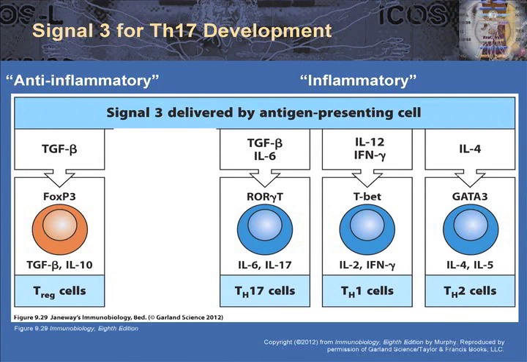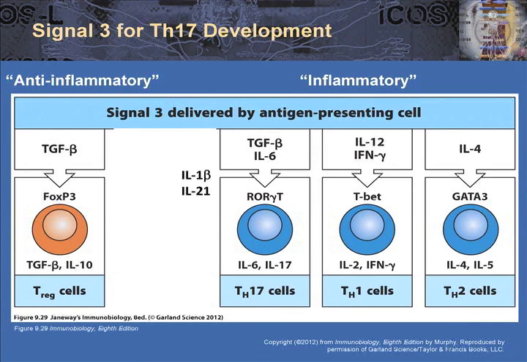For the Th17 subset, the signal 3 are the cytokines TGF-beta and interleukin-6. More subsequent research has shown other cytokines are involved in signal 3 as well, including IL-1-beta and IL-21.